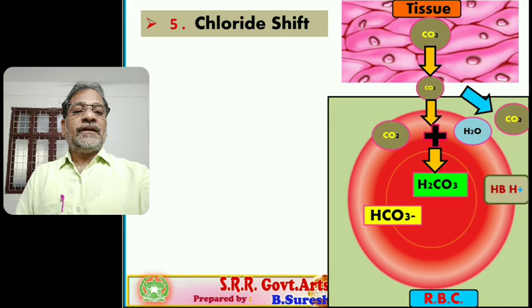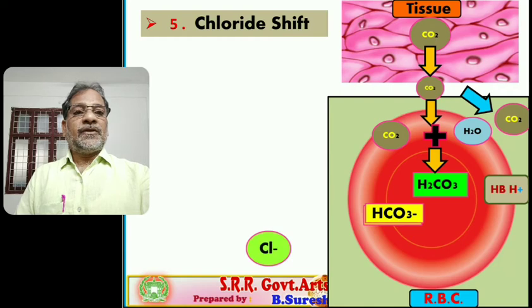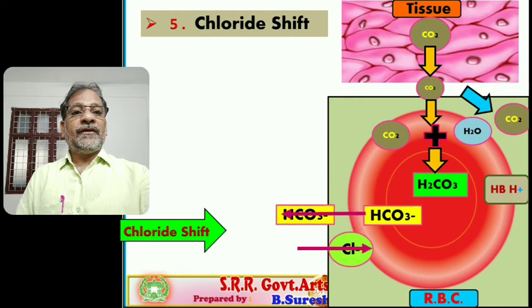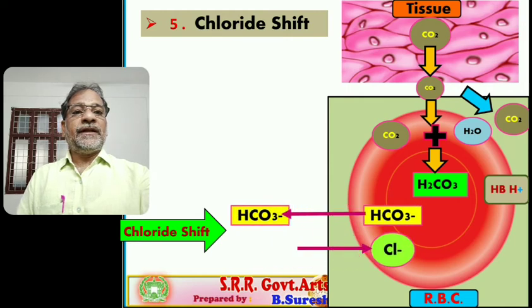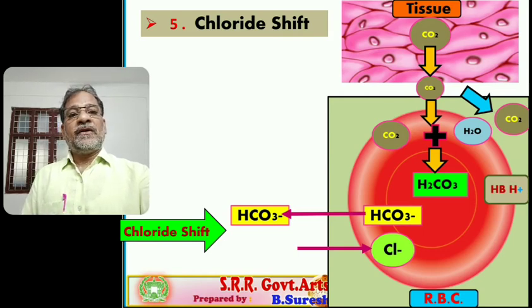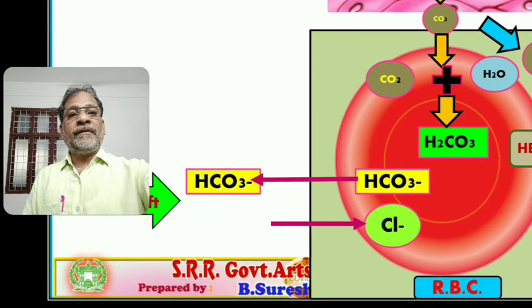Now the HCO3 minus ions are present inside the stroma of the RBC, and chloride minus ions are present in the plasma. Now the chloride shift is going to occur. Observe the movement: HCO3 minus ions shift out into the plasma, and simultaneously chloride minus ions enter the RBC.